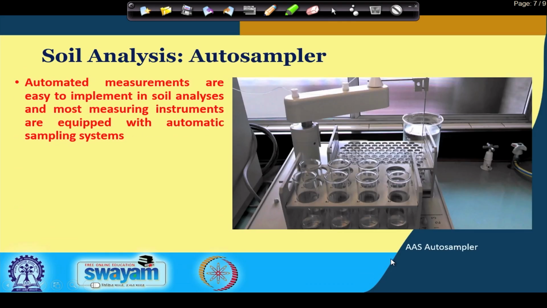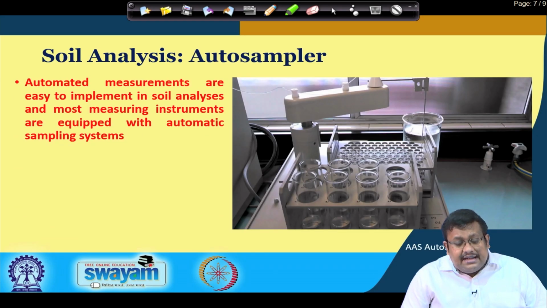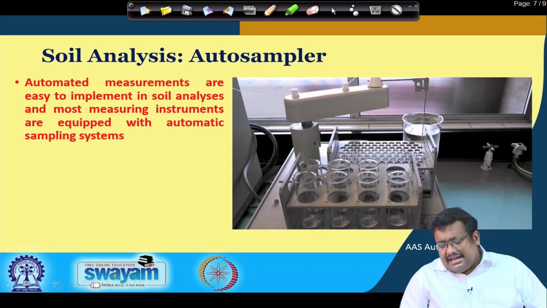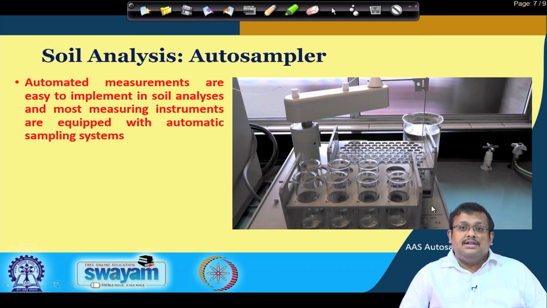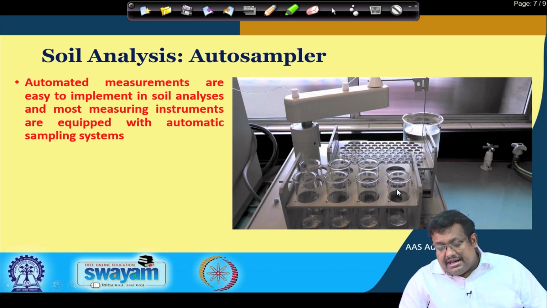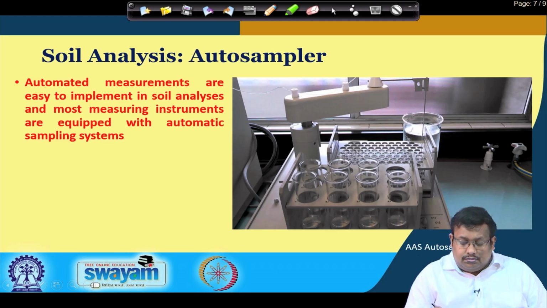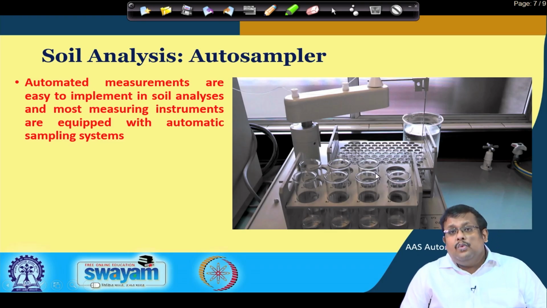Now, apart from these instruments, there is an attachment called an auto sampler. This auto sampler is basically an attachment for automated measurements. Automated measurements are easy to implement in soil analysis nowadays, and most measuring instruments are equipped with an automatic sampling system. As you can see here, it is an auto sampler of an atomic absorption spectrophotometer. This atomic absorption spectrophotometer can automate the sample analysis without substantial human intervention.